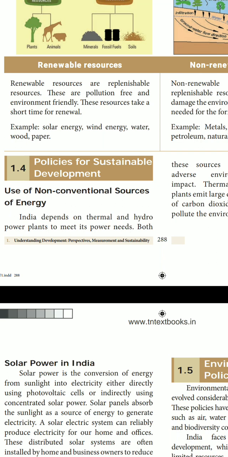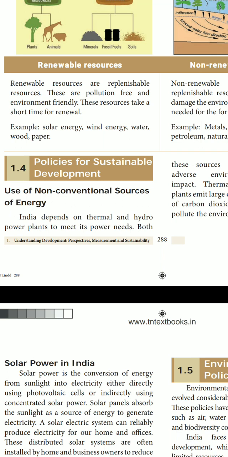Here, what are the uses of non-conventional sources of energy? Non-conventional, what is the meaning of that? That means, in Tamil we will say, மரபுசாரா வளங்களை பயன்படுத்துதல். Okay, use of non-conventional sources of energy.